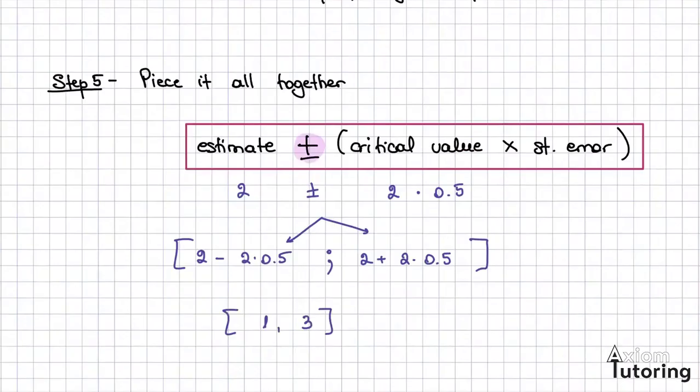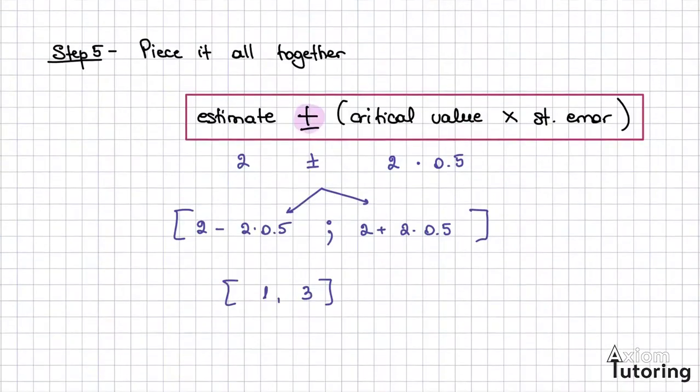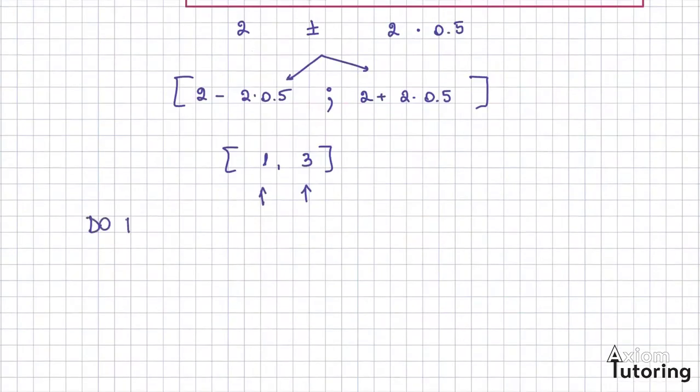Interpretation? Well, this interval tells us that values between 1 and 3 are plausible given the data and the model. However, keep in mind that it does not say that all values are equally likely.